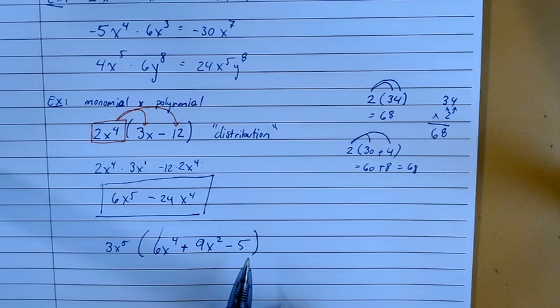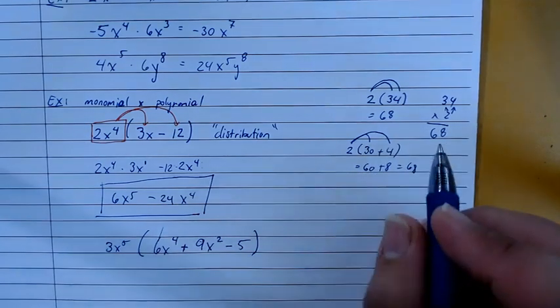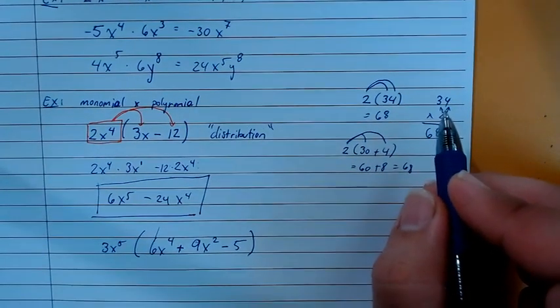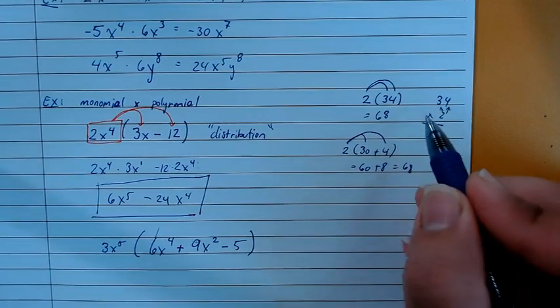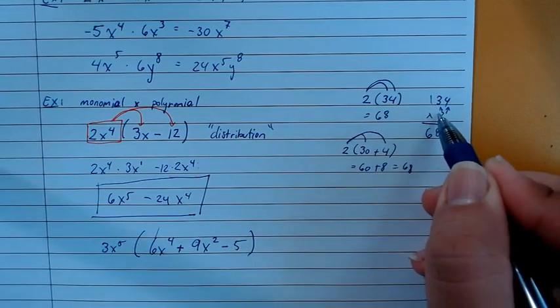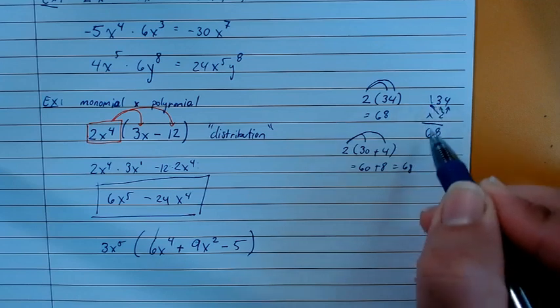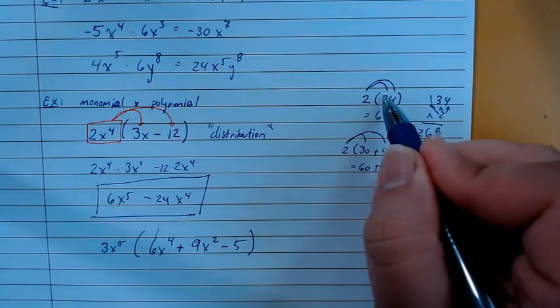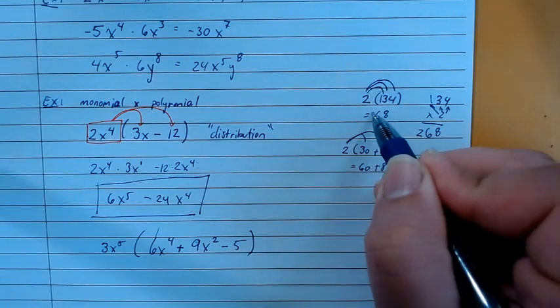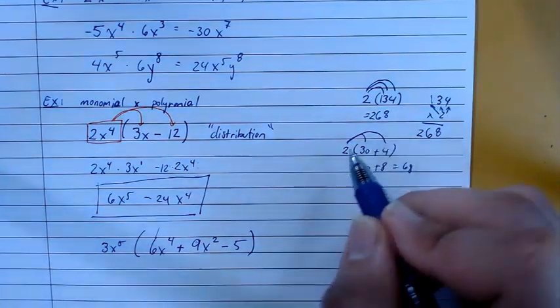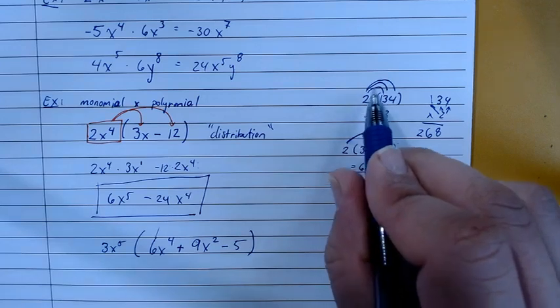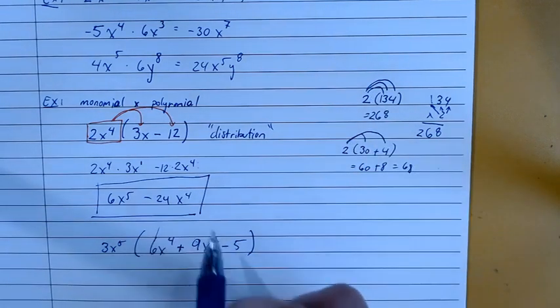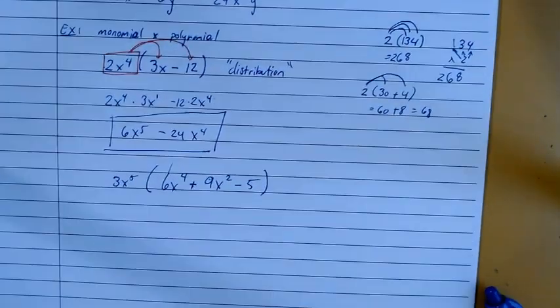Notice here I have a trinomial, and that doesn't change things, because over here, if I added one extra number, if instead of saying 34, I said 134, well, so what? I would just have to multiply that 2 times one more digit. So the distribution happens to each term in our polynomial. All right, so let's see what happens.